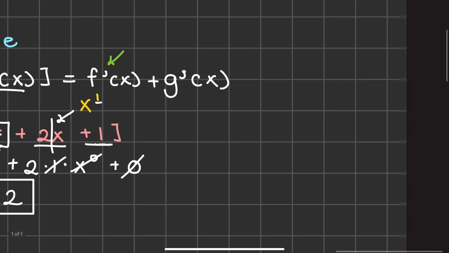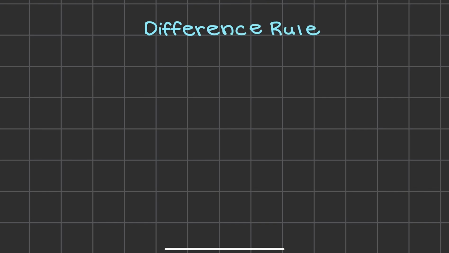Okay, let's take a look at the next rule then. The next rule, let me just go down, is the difference rule. And as you've probably guessed, it's simply the difference between the functions f of x and g of x.